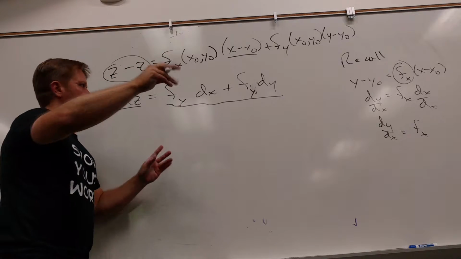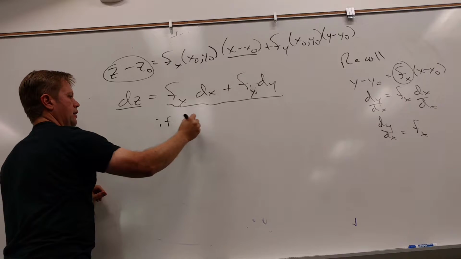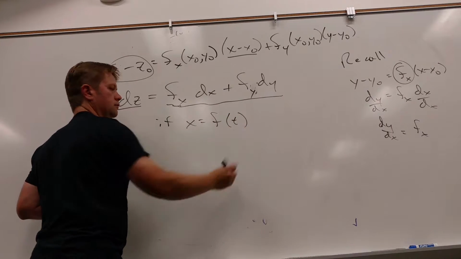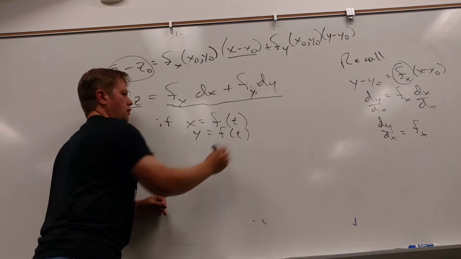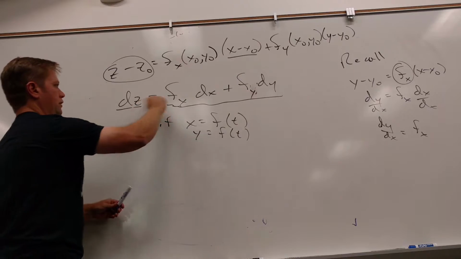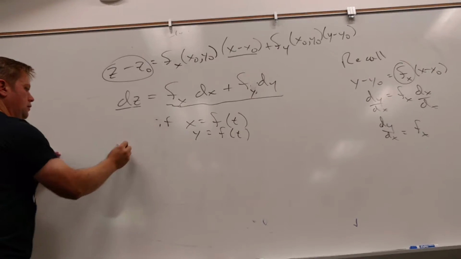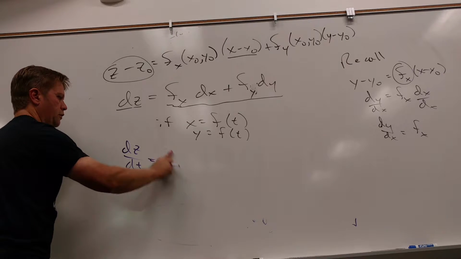So if my x is some function of t, and y is some function of t, I can then divide everything by dt and get... And actually, let me write this better.